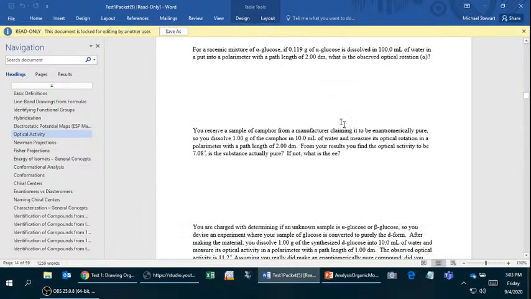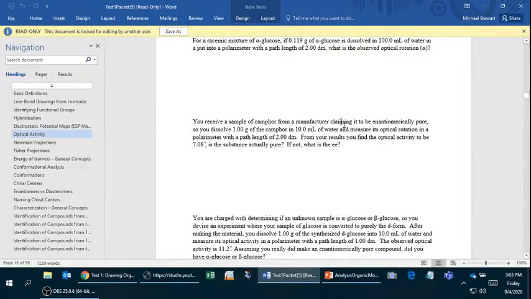We're given that the concentration in this problem, we have 1 gram in 10 milliliters, so the concentration is 0.10. Path length says decimeter, it should say centimeters. That's just an artifact of an old copy. And the question is, is our EE correct? Is it actually 100%? Well, the optical rotation is 7.08 degrees. 44.26 times 2 times 0.1, if it's 100%, we should be getting 8.85 degrees.